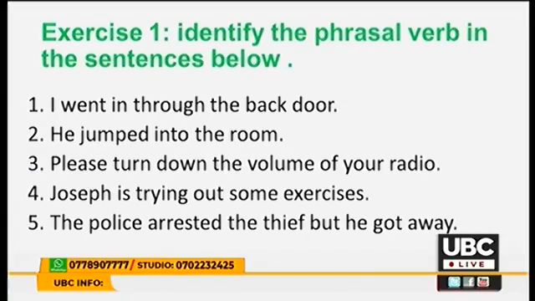I'll be able to tell that you've identified it if I look at your answer on WhatsApp and it is underlined. Just underline the phrasal verb in the sentence you send. For those calling in, please tell me the phrasal verb in that sentence.